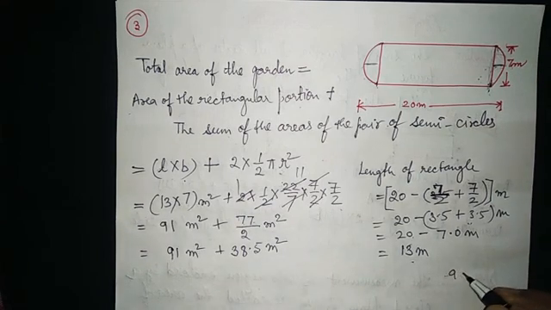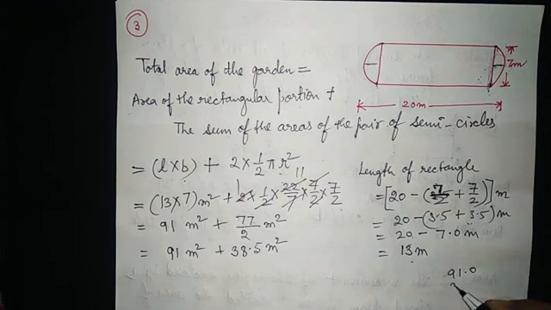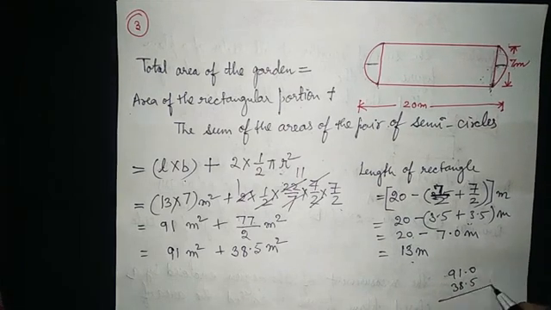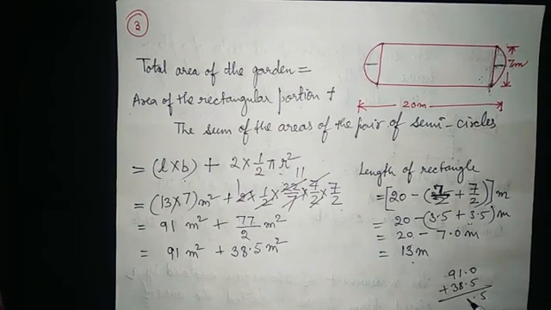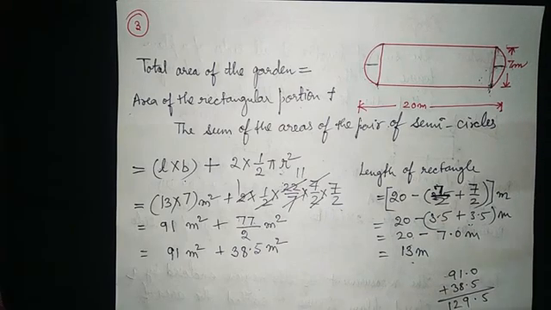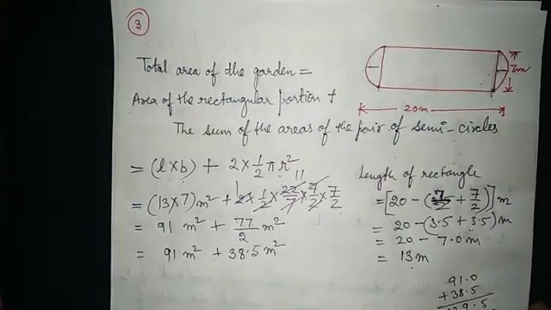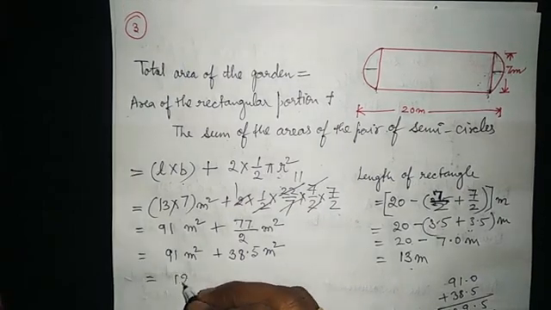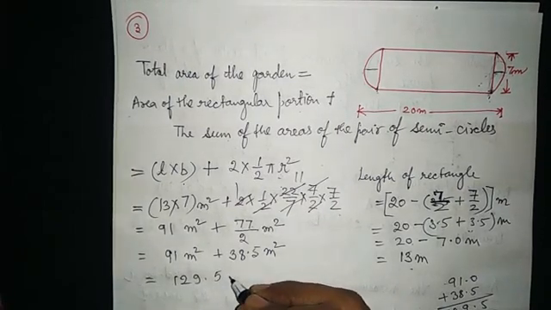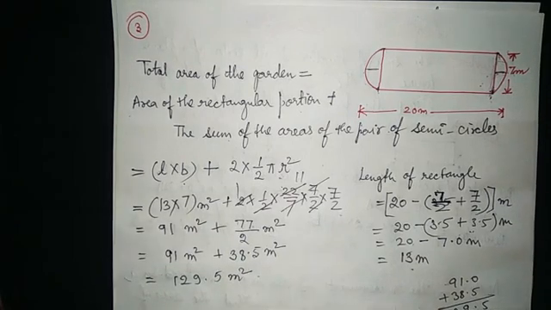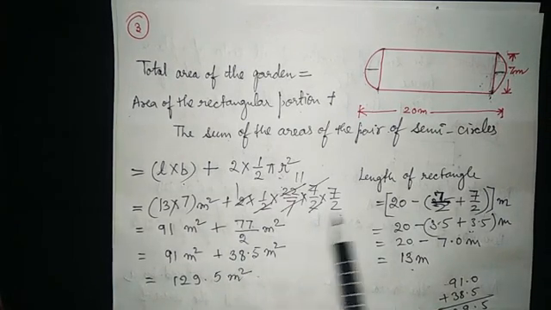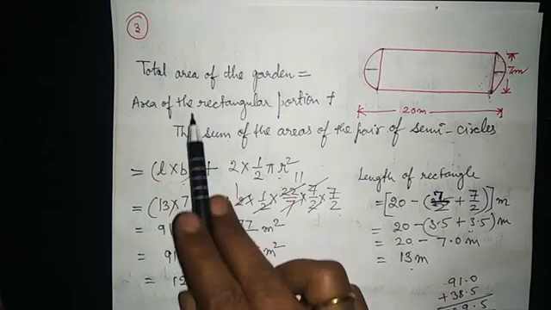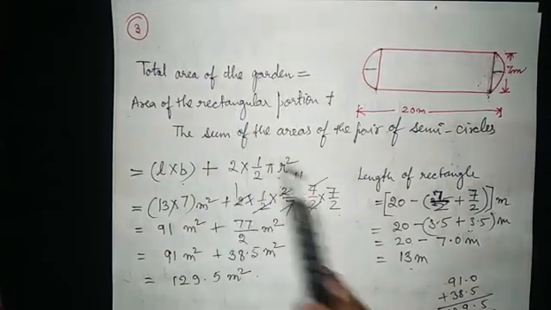Here 91.0 and 38.5 we add, and we get 129.5 meter square. Here what have we got? We have got the area of the garden. Clear?